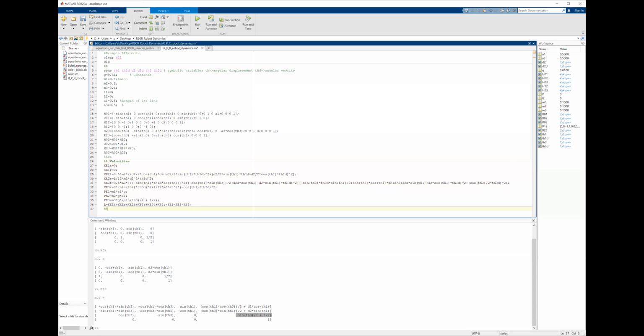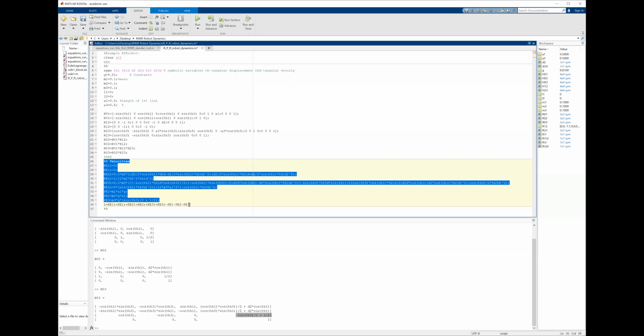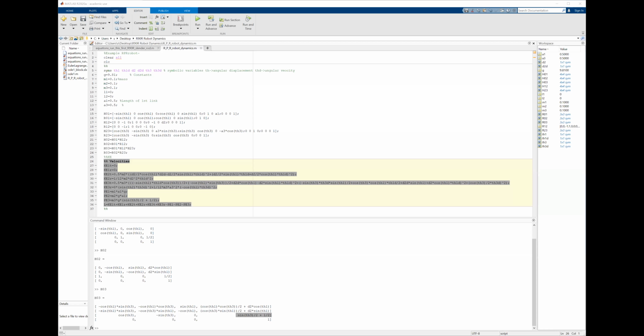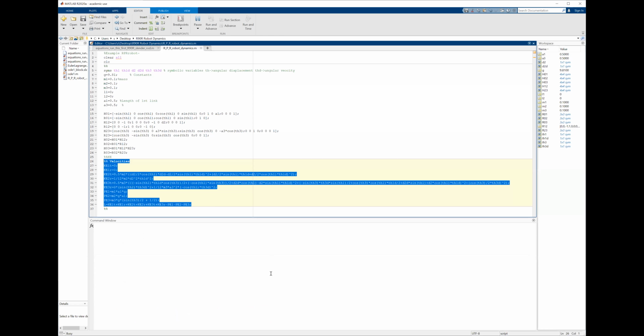And I'm going to paste this code again in the chat window. Run the code.